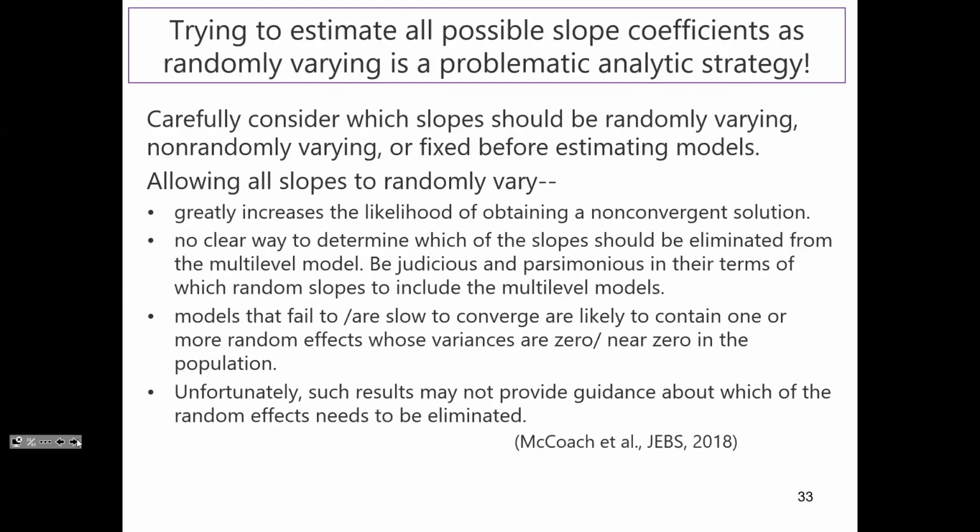But unfortunately, if you have like 6 randomly varying coefficients and it's really slow to converge or doesn't converge, that tells you there's a problem with one or more of them, but it doesn't tell you which one, right? So it's diagnostic, but might not be helpful if it's a really large model.